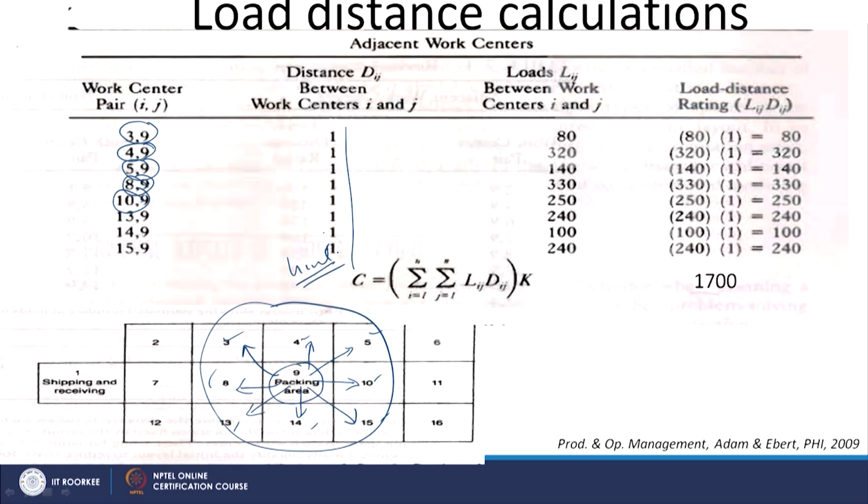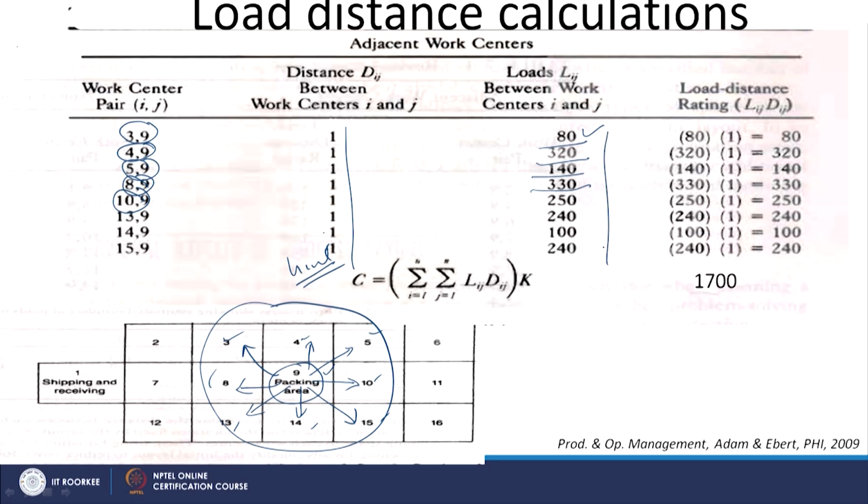Now, we will see the kind of load being transported from the different stores 3, 4, 5, 8, 13, 14, 15 and 10 to area 9. It is shown here: 3 to 9 is 80 load, 4 to 9 is 320 load, 5 to 9 is 140 load, 8 to 9 is 330 load.